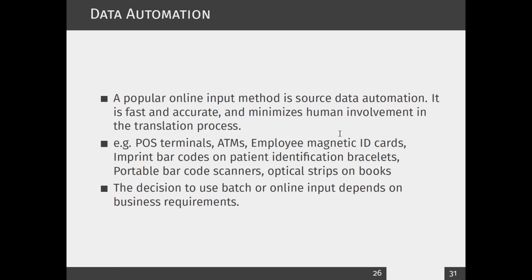Employee identity cards, in early days, you can just use the employee ID card to enter a door or premises. You can even use it for an attendance system. Imprint barcodes on patient identification bracelets. You know that sometimes when you're hospitalized, you will get a patient number.